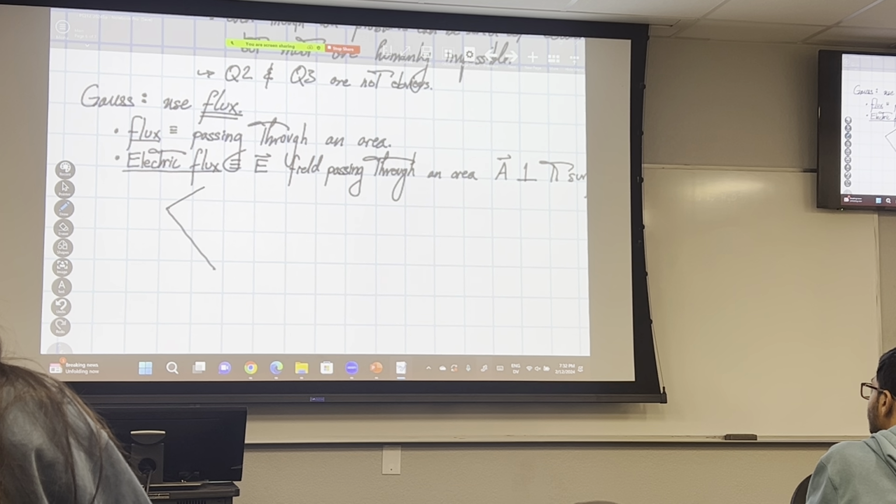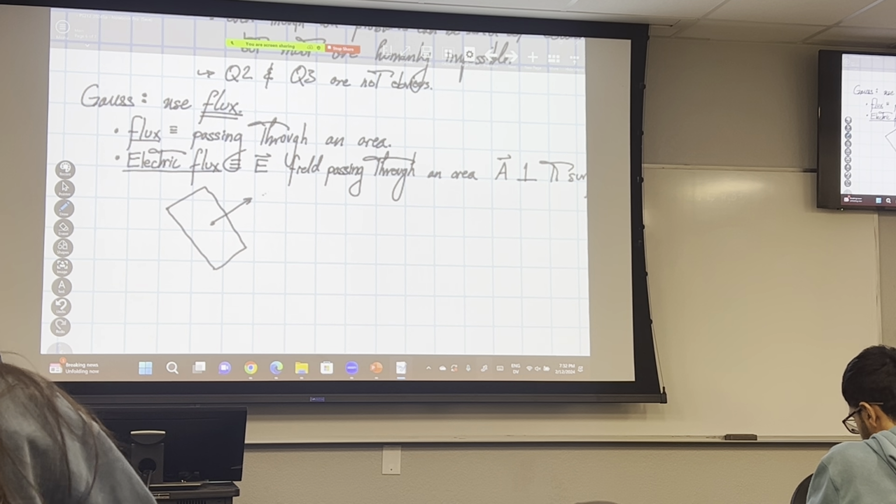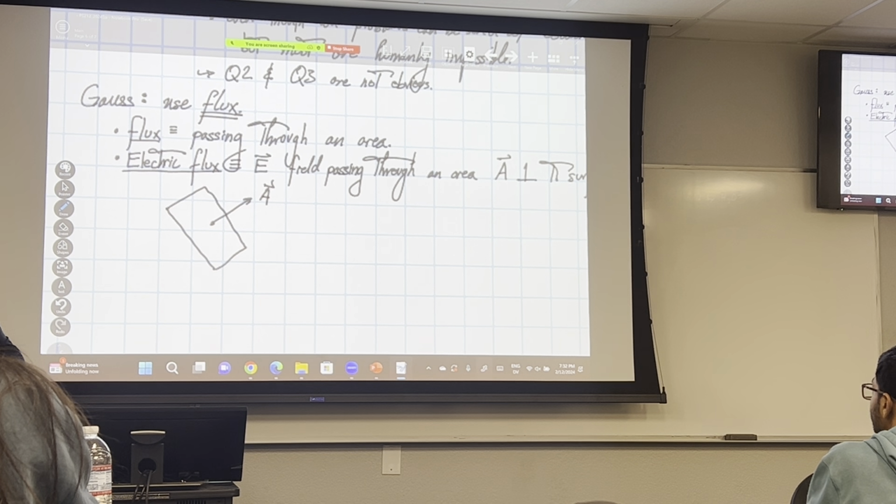Let's say we had a surface here. We can define a surface with a vector that is perpendicular to that surface.